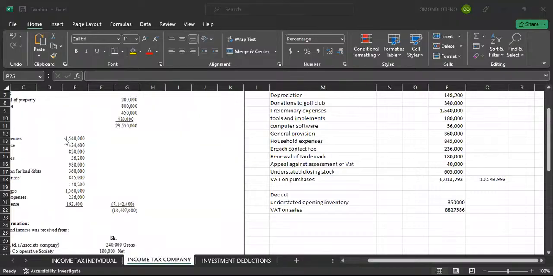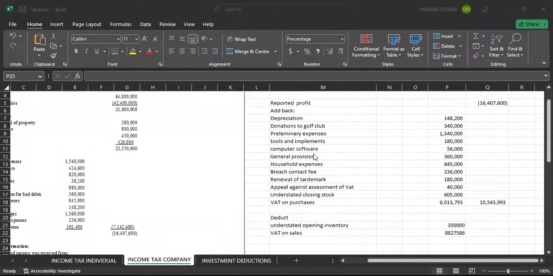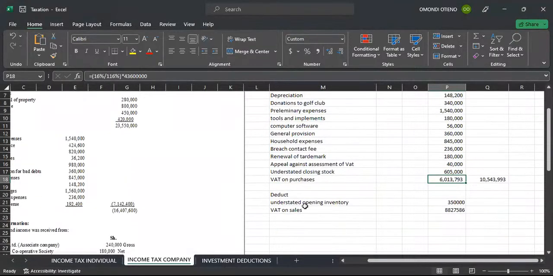So we added it back, because it should not reduce our profits. The one for sales was increasing our profits, and that's why we are deducting it.